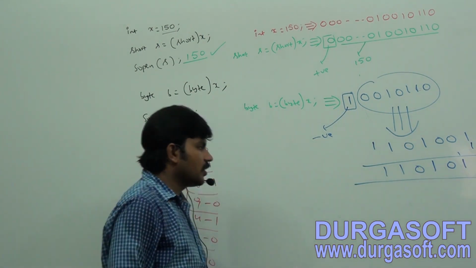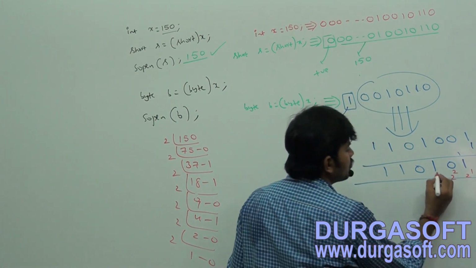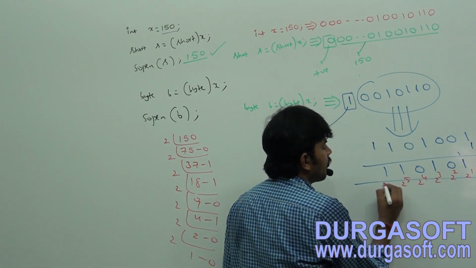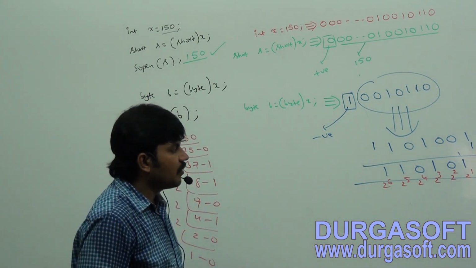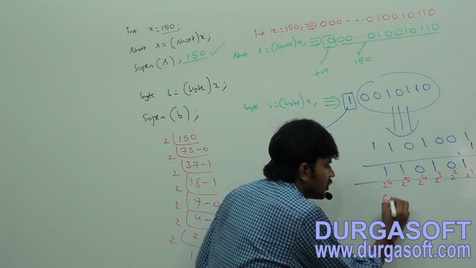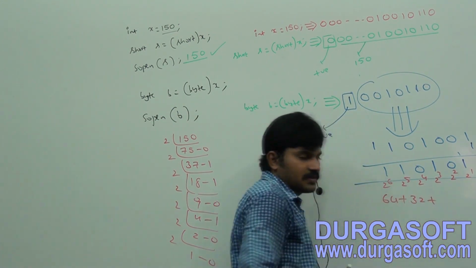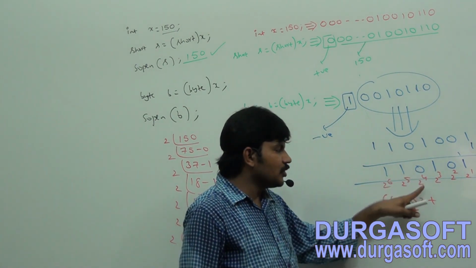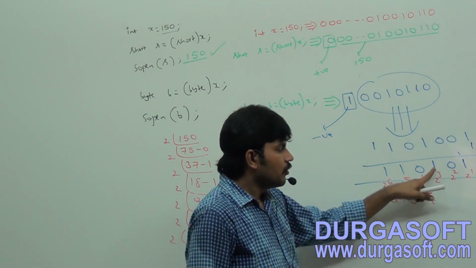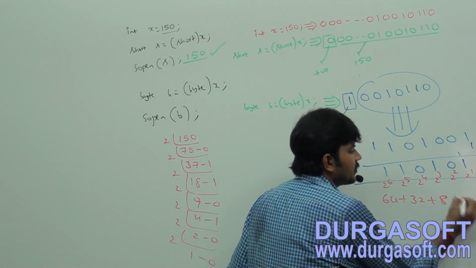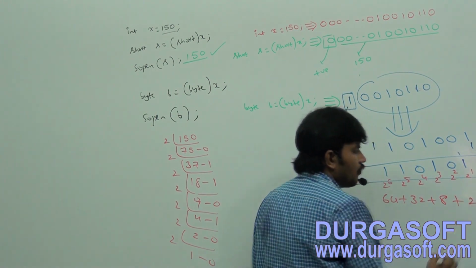Okay, now listen. 2 power 0, 2 power 1, 2 square, 2 cube, 2 power 4, 2 power 5, 2 power 6. Correct or not? Can you tell what the value of 2 power 6 is? 64 plus 32 plus 0 into 16, 0. 1 into 2 power 3, 8. 0 into 4, 0. 1 into 2 plus 0.